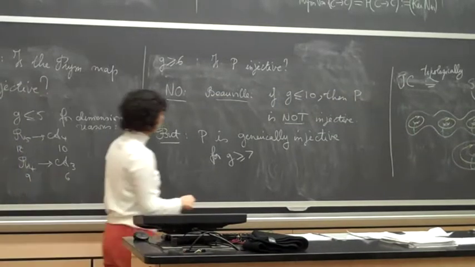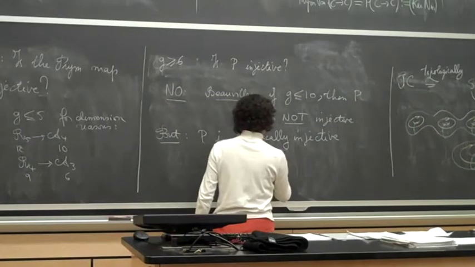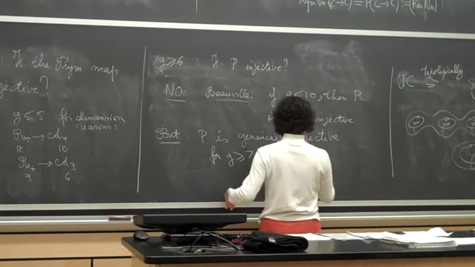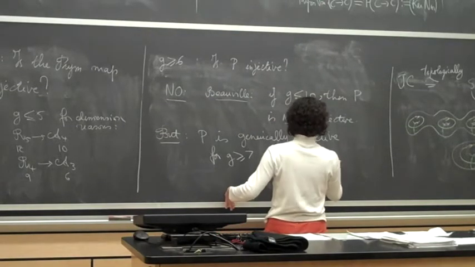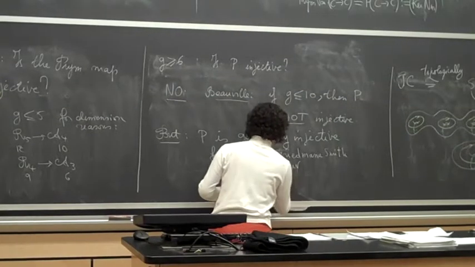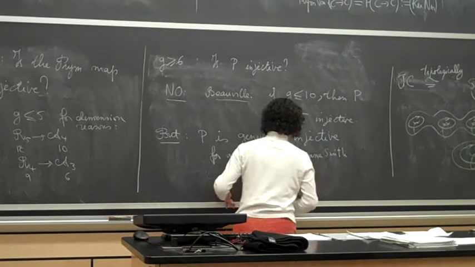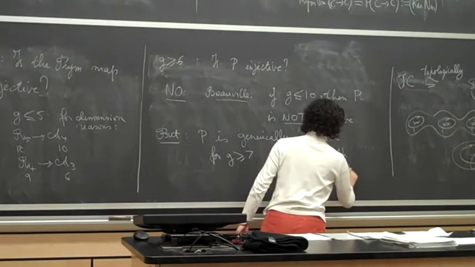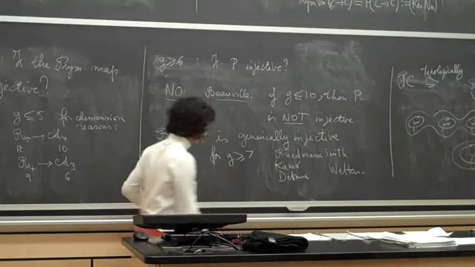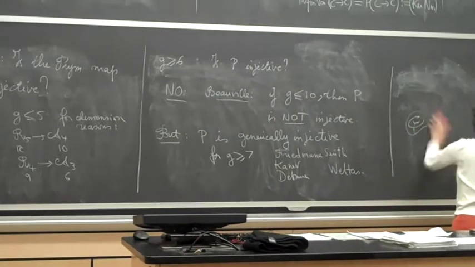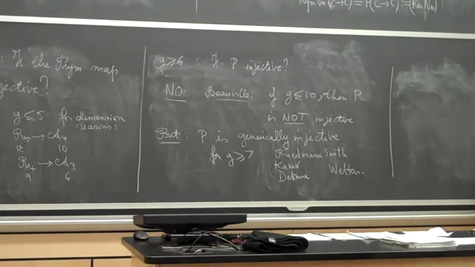And that is due to many people, Friedman, Smith, and Welters, I think. They gave independent proofs which were different.